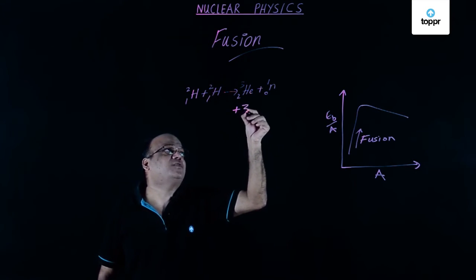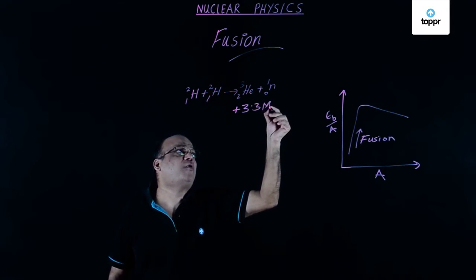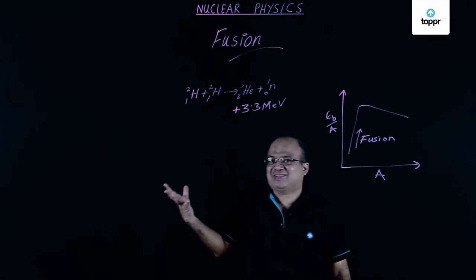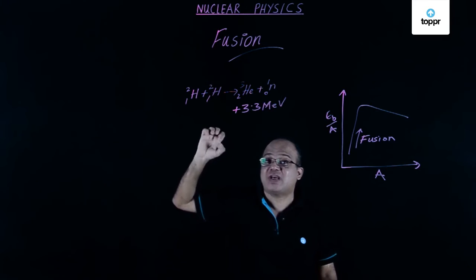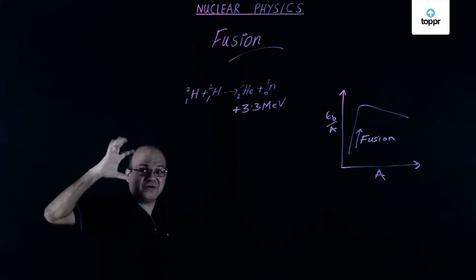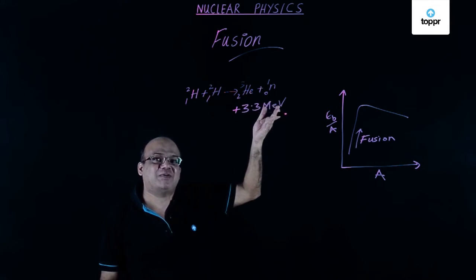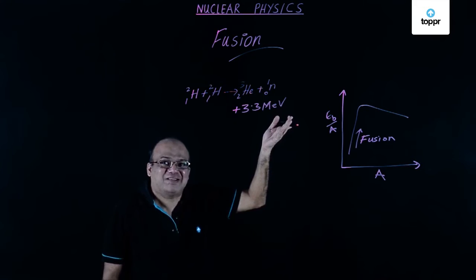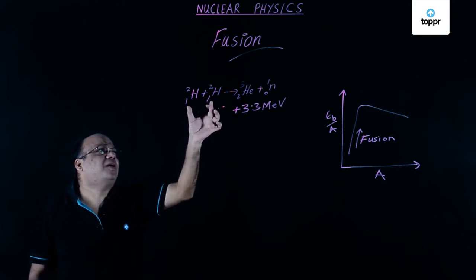In this reaction we get 3.3 MeV of energy. You may think that is less. In fission we got 200 MeV of energy per reaction. Here you are getting 3.3 MeV of energy per reaction. That may disappoint you, right? But actually, look at the mass of these two.